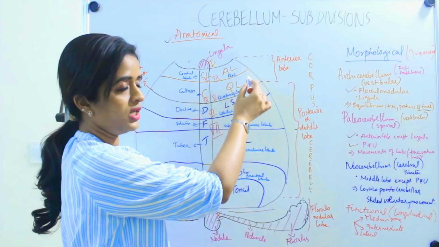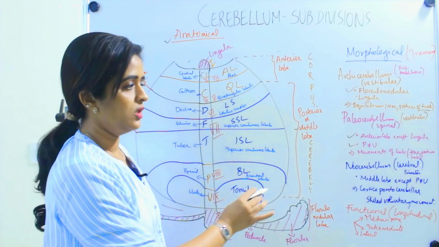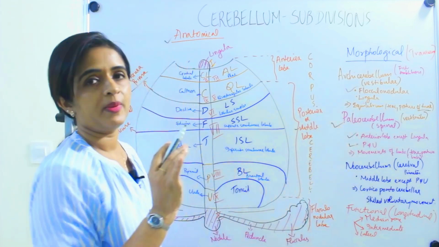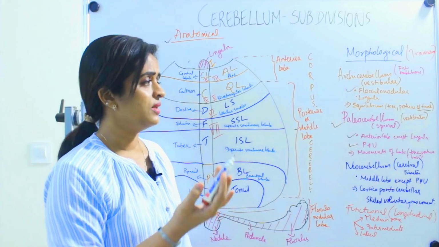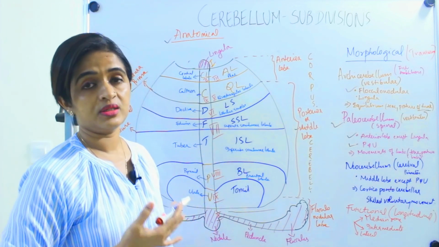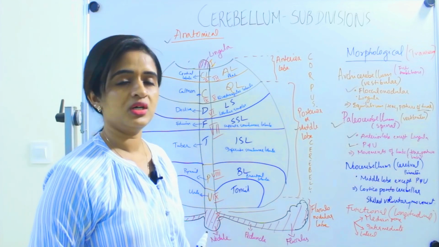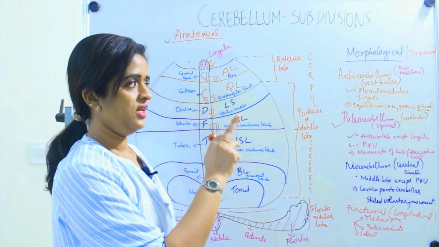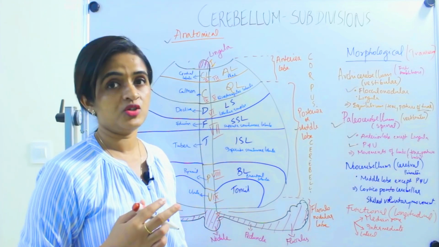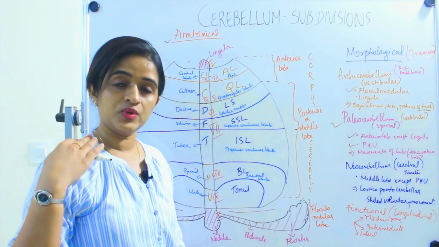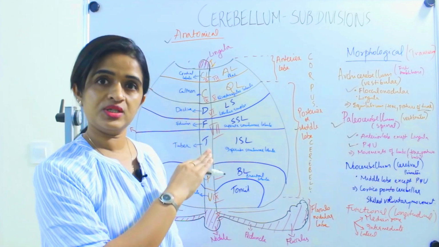That gives you the paleocerebellum or spinal cerebellum. Since it is seen in terrestrial vertebrates, it is concerned with movements of the limbs. So the tone and posture of the limbs are controlled by the paleocerebellum, whereas the archicerebellum governs the tone and posture of the trunk and mainly deals with equilibrium, hence called the vestibular cerebellum.